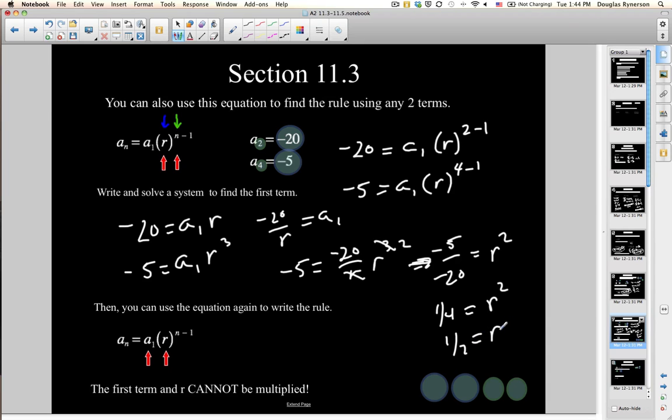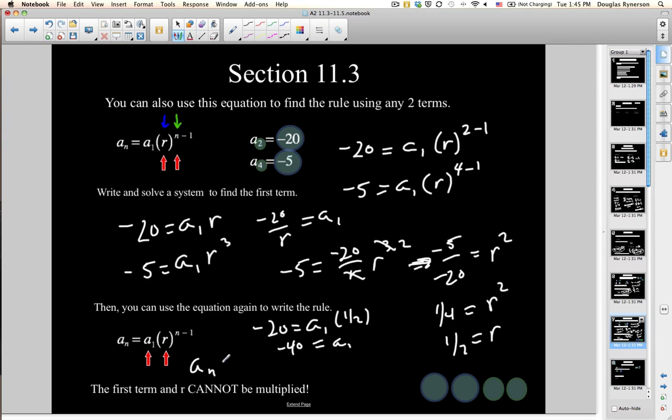Once I know what r is, I could plug it in up here, and I could find a sub 1, so negative 20 is equal to a sub 1 times 1/2. To get rid of the 1/2, I multiply both sides by 2, and I get that a sub 1 was equal to negative 40.